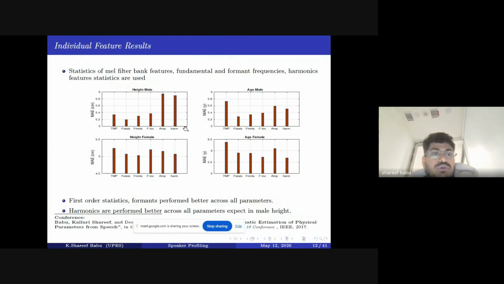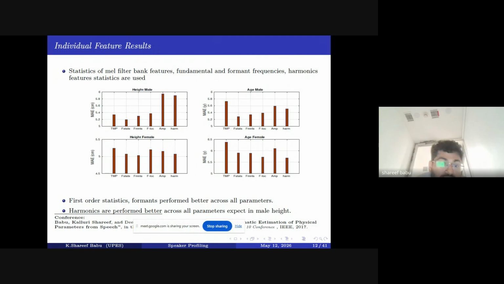So here, as I just mentioned, with the target mean predictor, TMP, we worked with the first order statistics, formants, and harmonics, and harmonic formant locations as well. Instead of looking at male and female speakers together, we tried to separate them into male speakers and female speakers, and then identify how these features impact the overall performance.